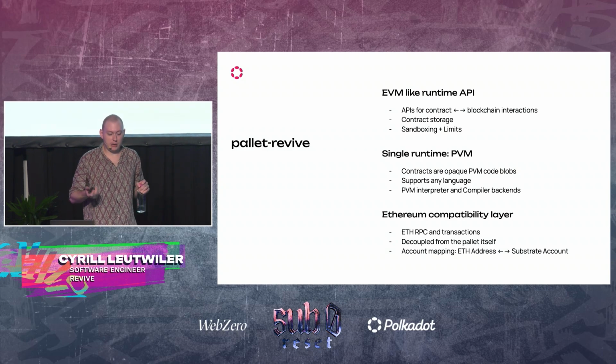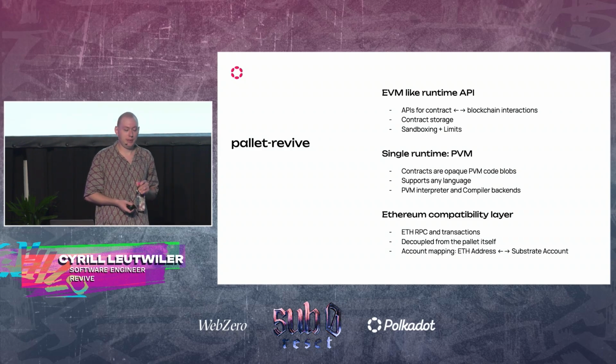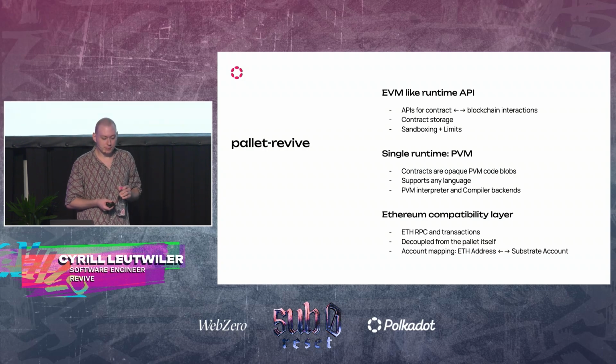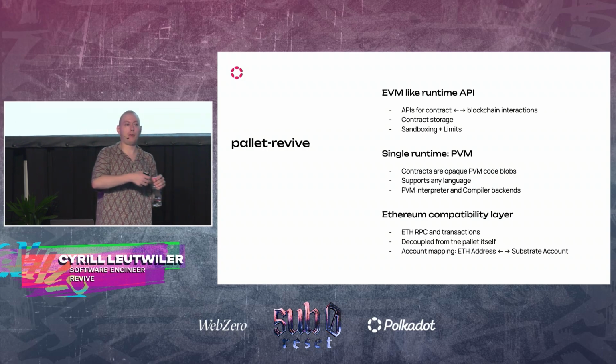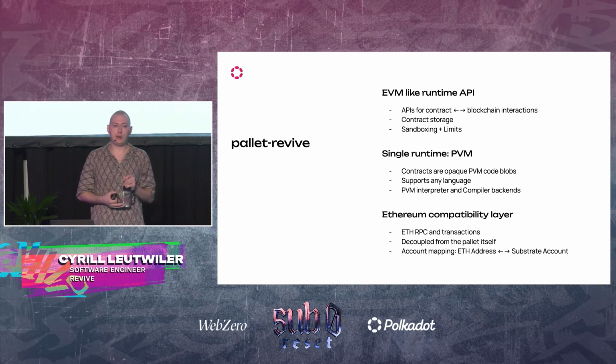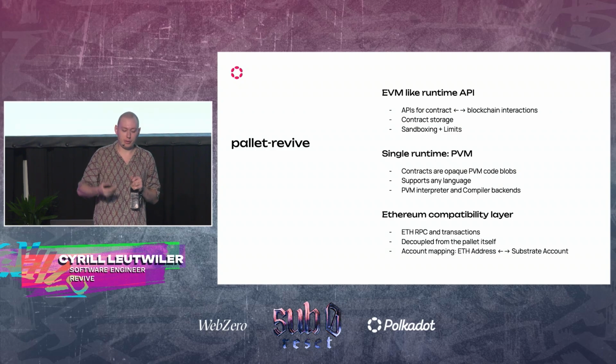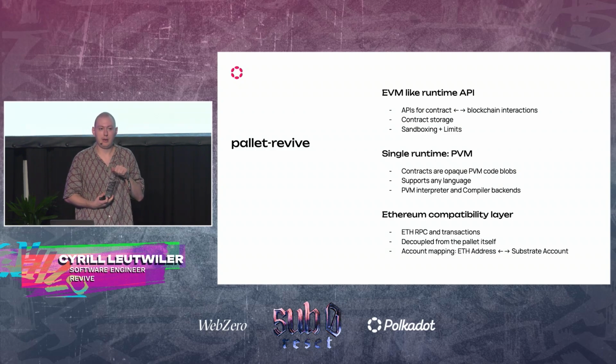Again, it's a generic runtime, so it can support any language, actually, even dynamic ones. And with providing two backends for different purposes, we're also quite flexible. Contract authors are also quite flexible in what direction they want to optimize.